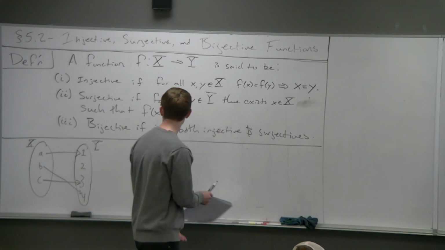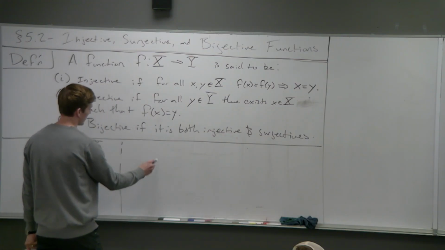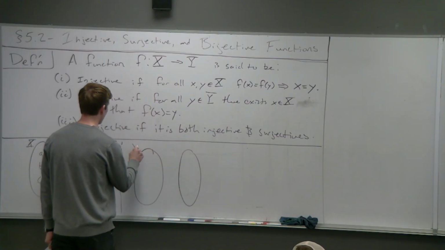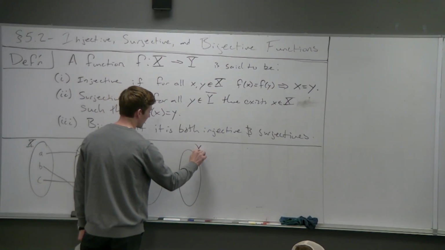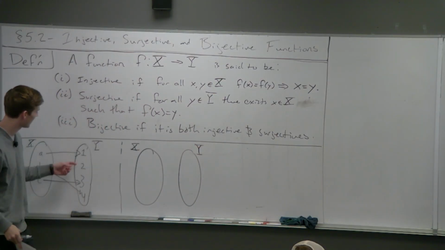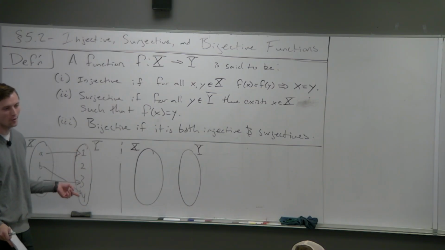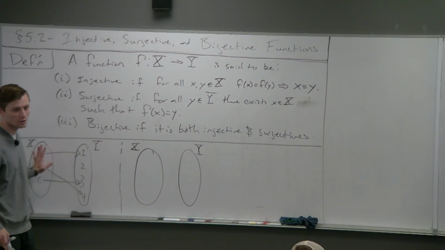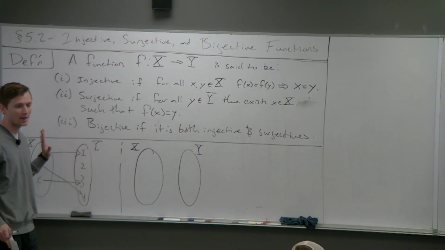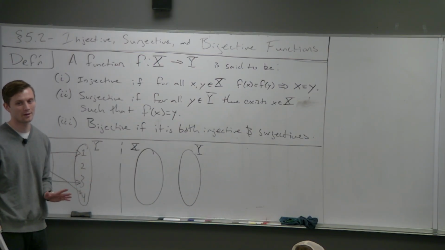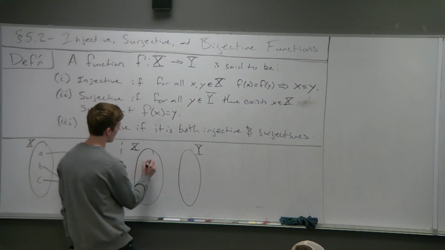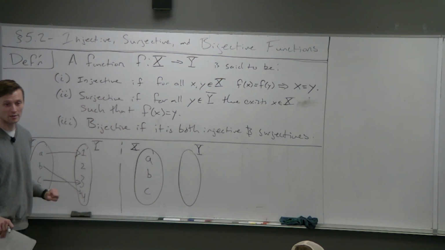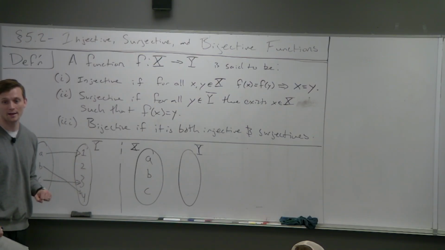Okay. Now, surjective, on the other hand, is more the other part of it. So maybe that doesn't sound too sensible, but here's kind of what I'm saying. Here we said, okay, does everything have just one arrow pointing at it, or not more than one? Surjective says, does everything have at least one? And that's the only big difference. So here, if I do the exact same thing, it would be not surjective because 2 doesn't have an arrow pointing at it, yeah?